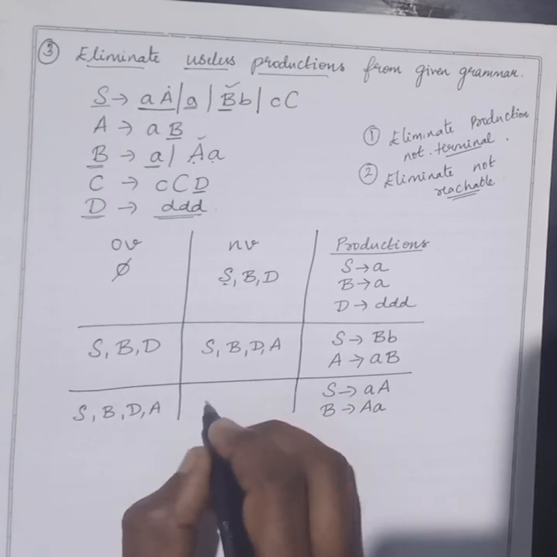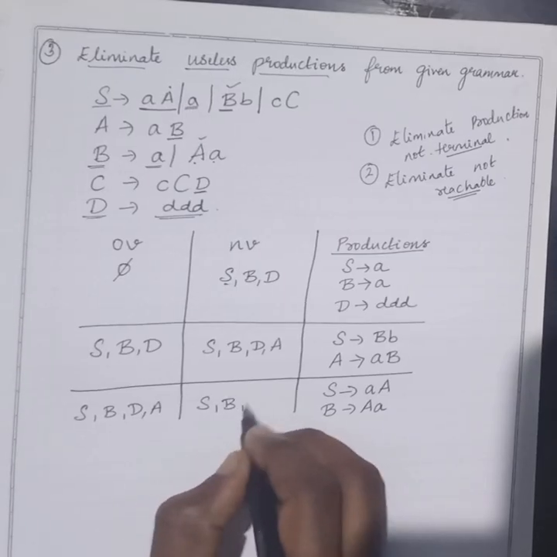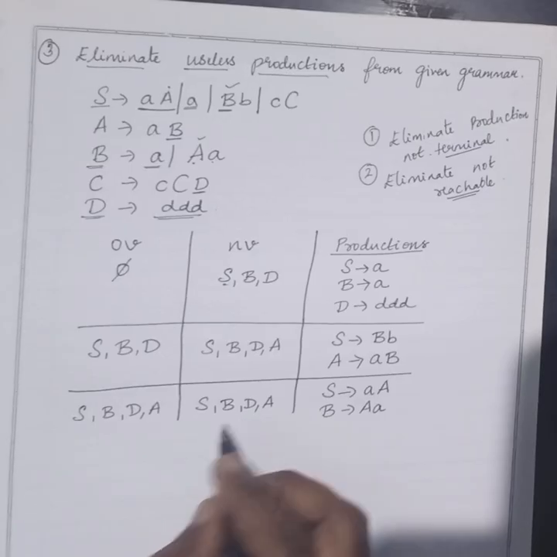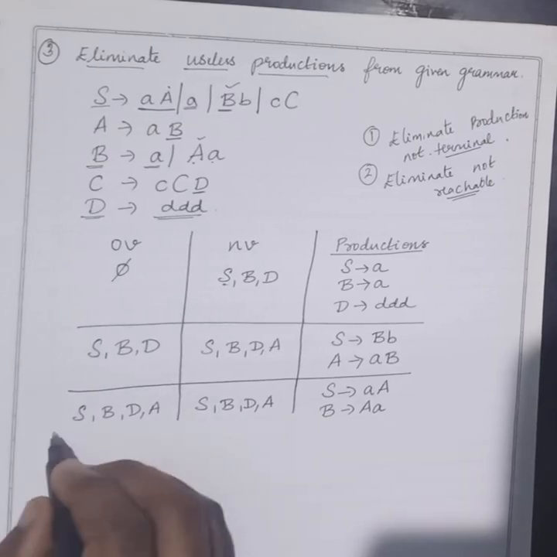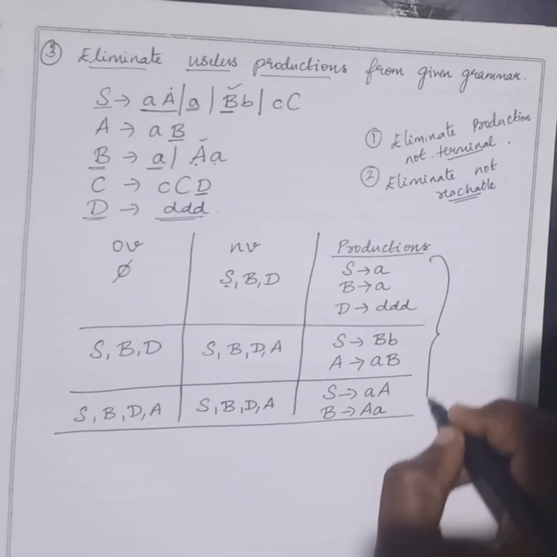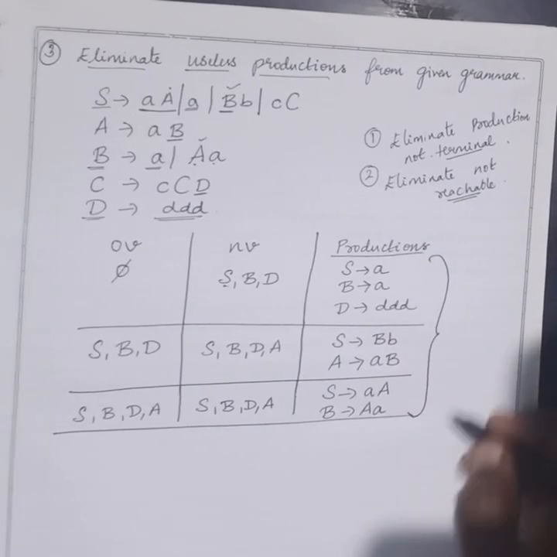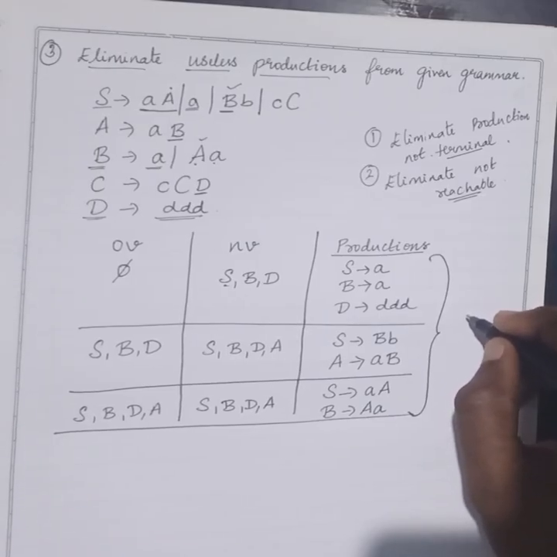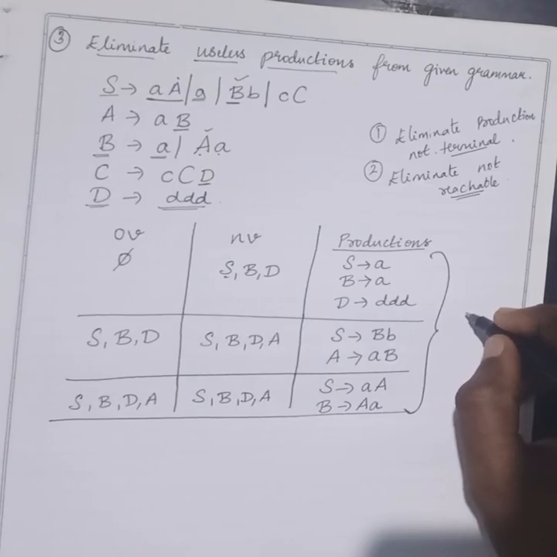Whenever the old variable and the new variable are the same, there is no new variable, so at that stage we'll stop. These are the productions that are going to stop or terminate in one specific condition. The other things may become an infinite loop.